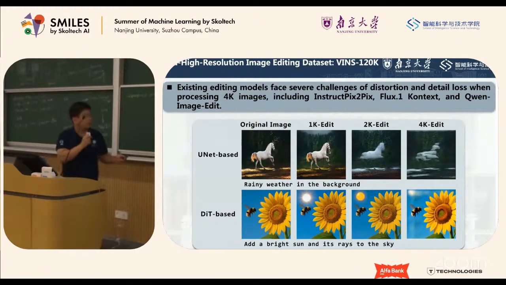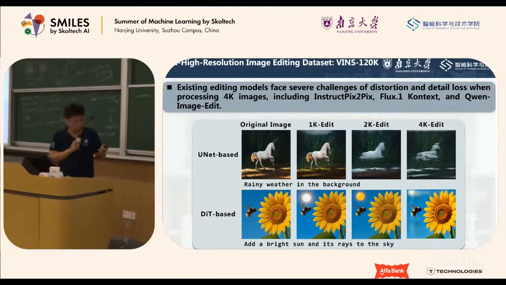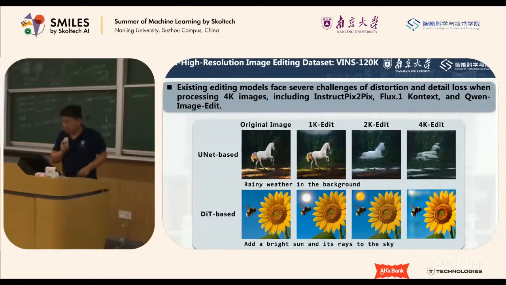The first row is the UNet-based model, and the second row is the DiT-based model. The UNet-based models may lose the object structure, while the DiT-based models can render fine appearance or lighting inconsistently. So scaling resolution is not a simple matter of increasing the output size.